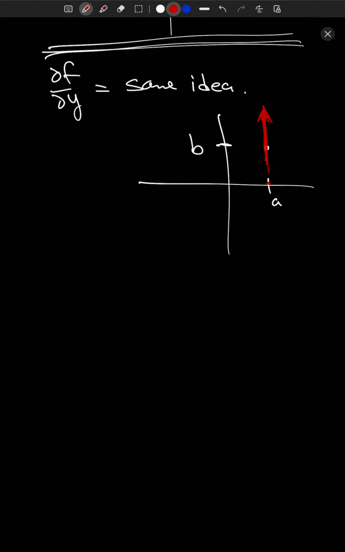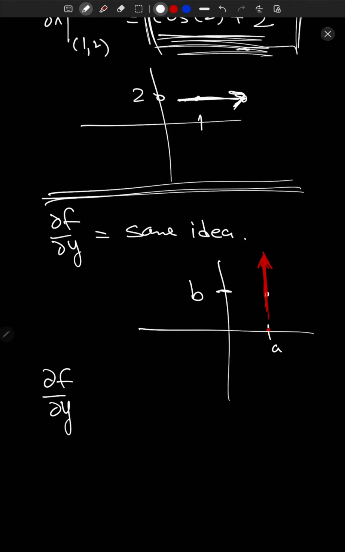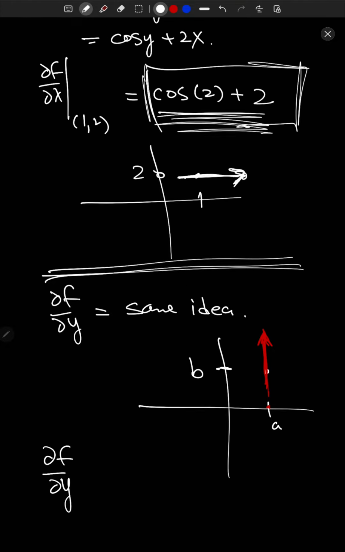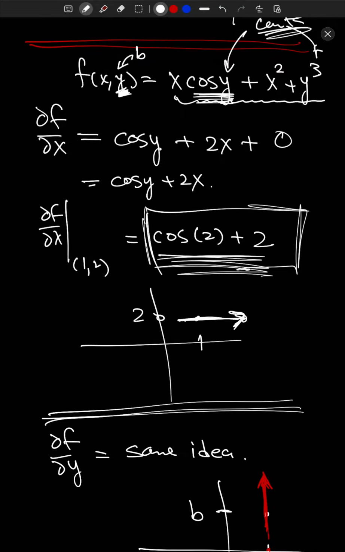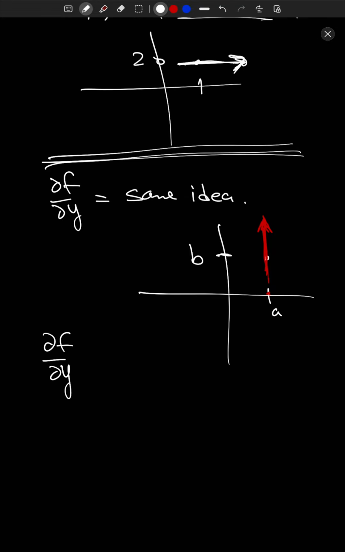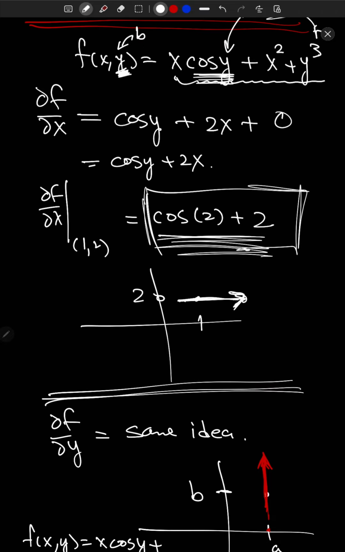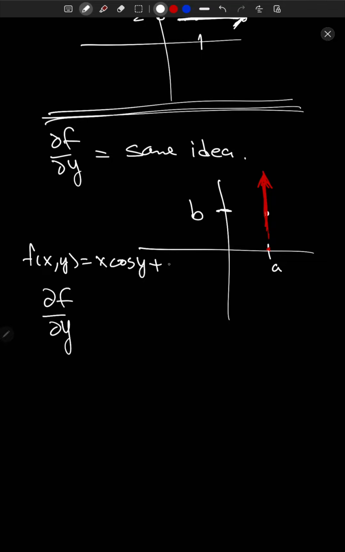And so literally the same idea: when we calculate df dy of whatever function, we just treat x as a constant. Let me do the same example, f of x y equals x cos y plus x squared plus y cubed.